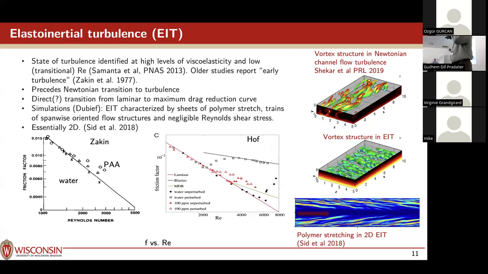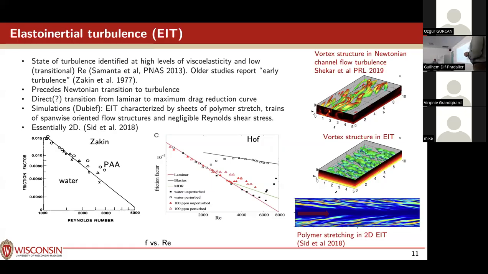In about 2013, there were some very interesting observations from Björn Hof's group and particularly Yves Dubief. So they observed a phenomenon that they called elasto-inertial turbulence.